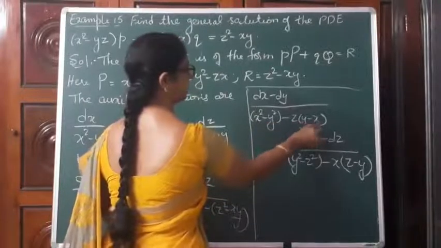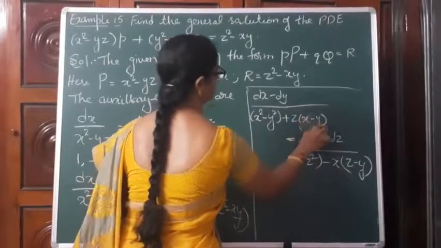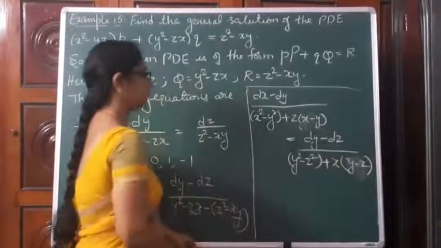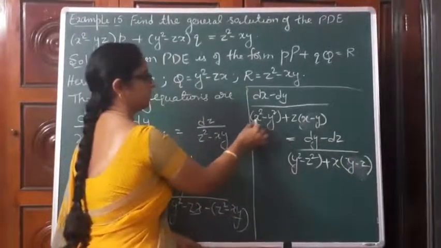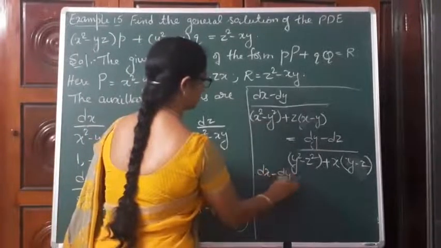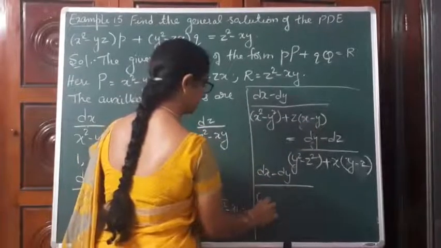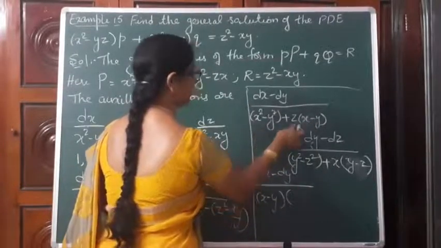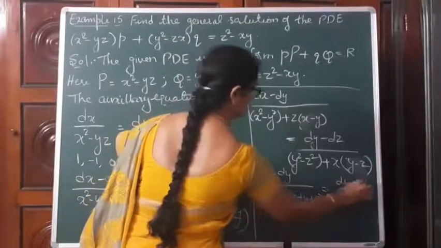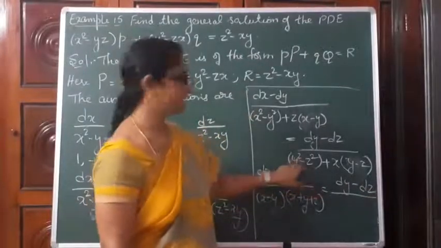We write x square minus y square as x plus y into x minus y, and we can take x minus y common here, and even here y minus z. That gives dx minus dy divided by x minus y into x plus y plus z. Similarly, dy minus dz divided by y square minus z square, which is y plus z into y minus z.